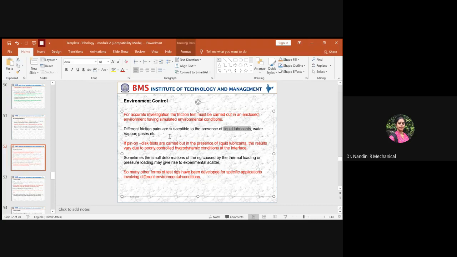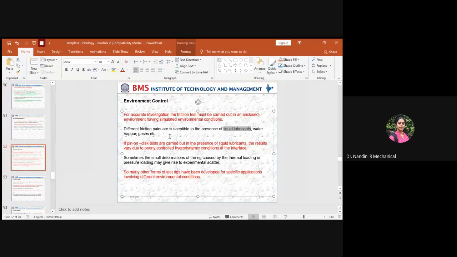So when you have different pairs of specimens with these different categories, you will have n number of coefficients of friction that vary with respect to the external environment as well as the parameters you are using for the specimen, right? So all these vary and you won't have a consistent value, because even the environment keeps changing.